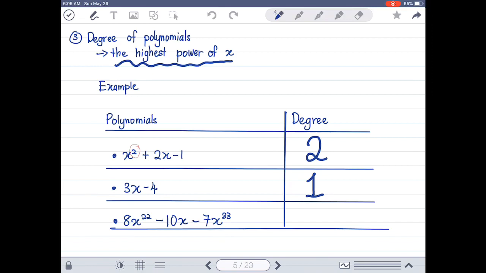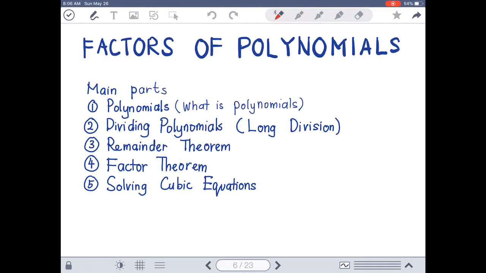For the third example, if you notice, the highest power of x is 3, so the degree of the third polynomial is 3. We have done our first part of the chapter, which is getting to know what is a polynomial, so we can cancel out the first main part.